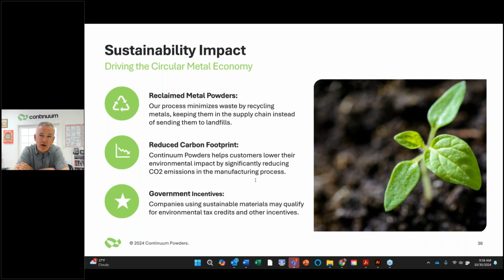So the quality that we see, both based on our feedstock but also our atomization capability, is what is providing sustainability in this case that's coupled with the highest quality in the industry.